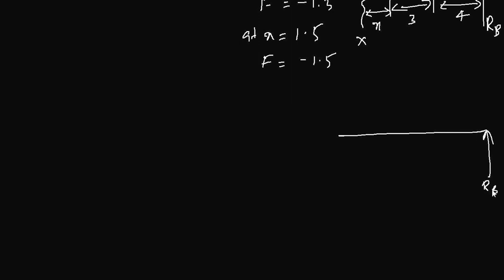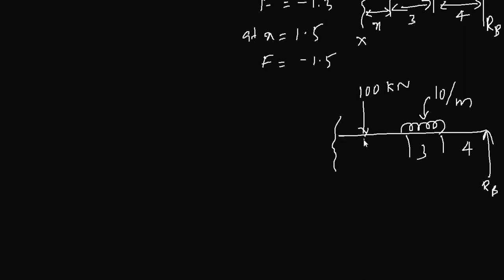RB, you have your force over 3 meter, and you have your 4 meter, and you have your 100 kilonewton load here. This is 10 per meter, and you have the section here. So this is 1.5, and this is your section x.